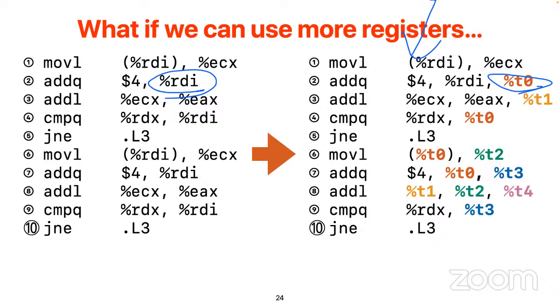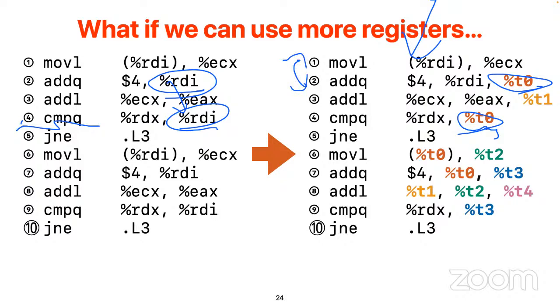And then for the rest of the instructions who depend on RDI, they have to depend on T0, right? For example, instruction 4, instead of comparing with RDI, is now comparing against T0. Look at this. Previously, we said we have trouble reordering instructions 1 and 2, right?